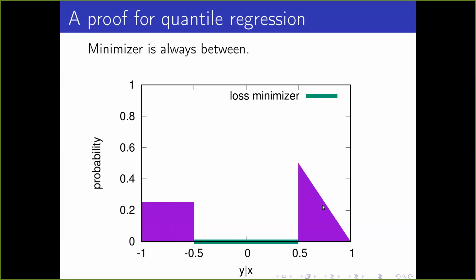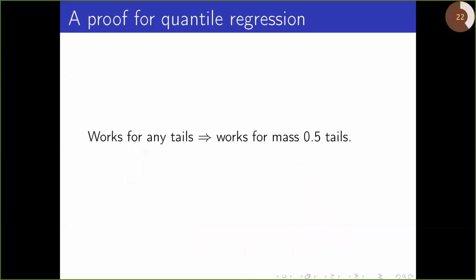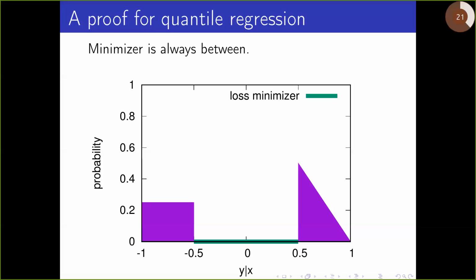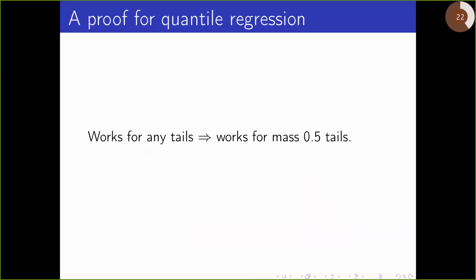And then because these two masses are the same, it doesn't matter where you are as long as you're in between. Okay, so does it work for any tails? It actually works for the tails. So these were tails which had a mass of 1/4 and 1/4. You can make them have a mass of 1/2 and 1/2, and that's essentially why the minimizer of the absolute value is the median.